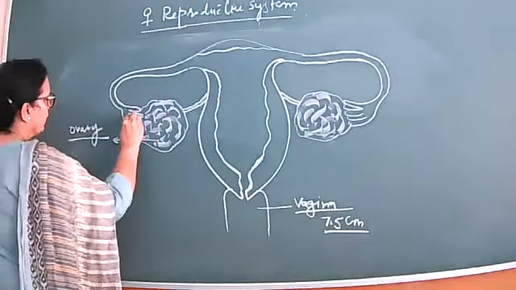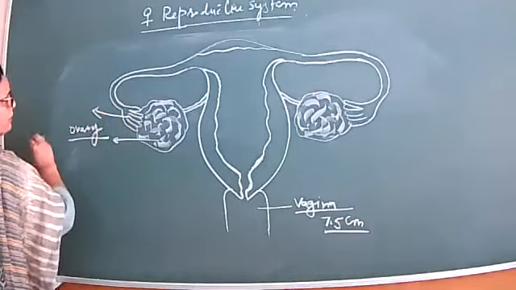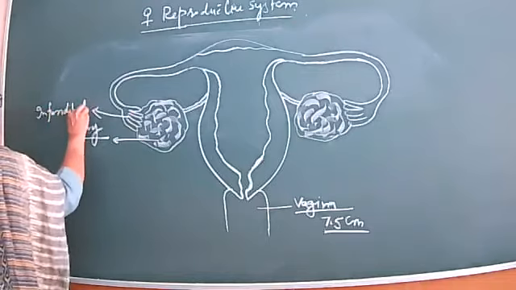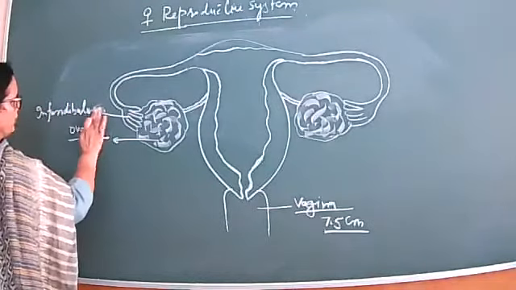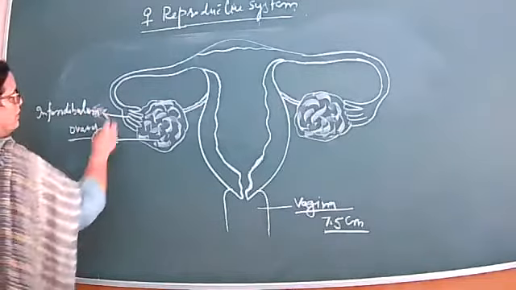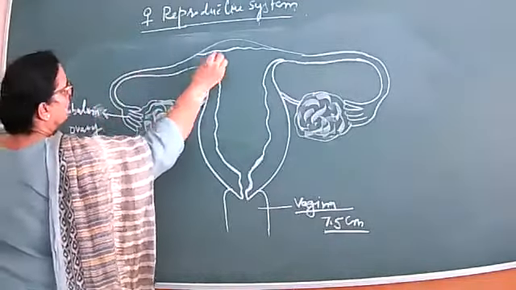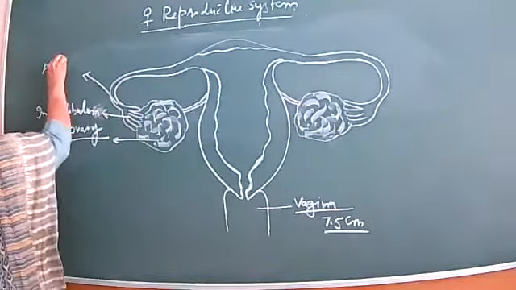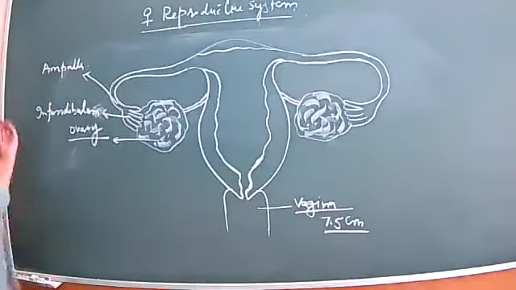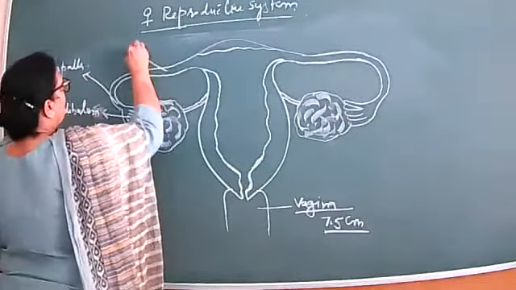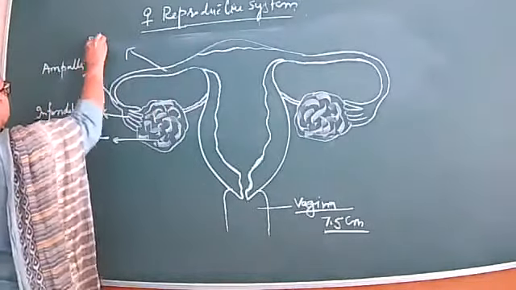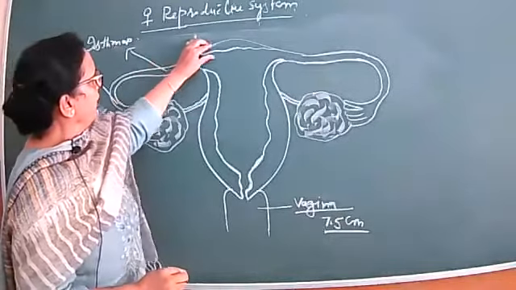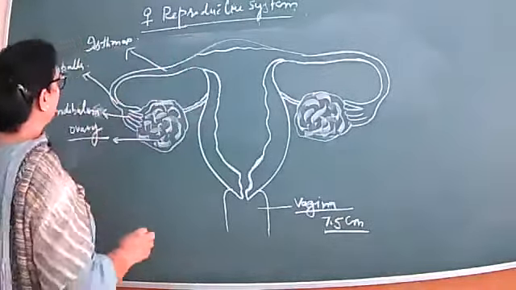This portion is known as the infundibulum. Then this is the ampulla, and the rest of the narrow portion is the isthmus. Some portion of it that is joined with this is the fundus portion.